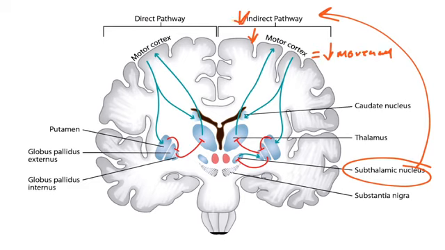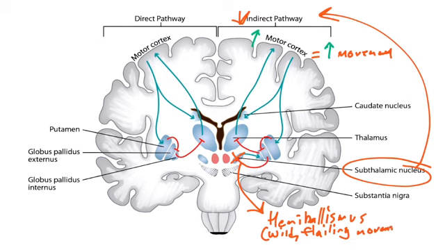So if you decrease the indirect pathway, you will actually increase motor cortex stimulation and increase movement, which leads to wild flailing movements known as hemiballismus. So remember, whenever you get damage to the subthalamic nucleus, you're going to get hemiballismus, which is the wild flailing movements.